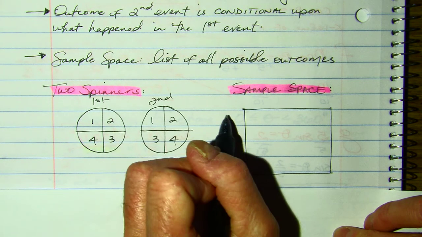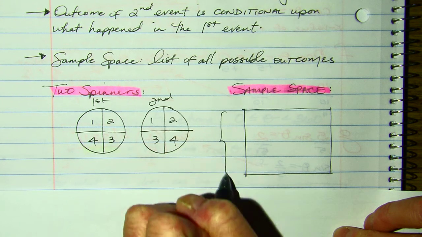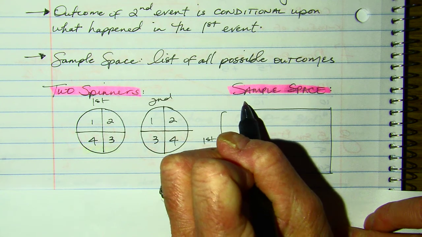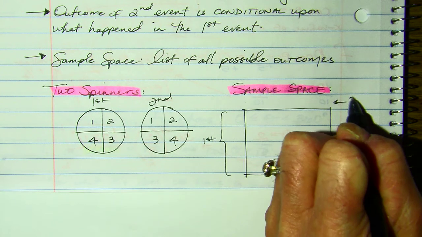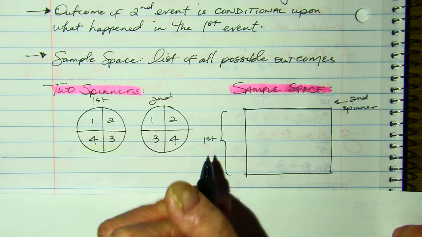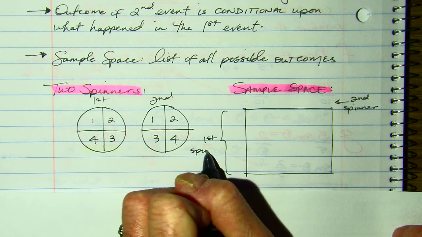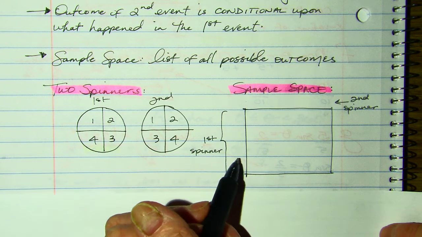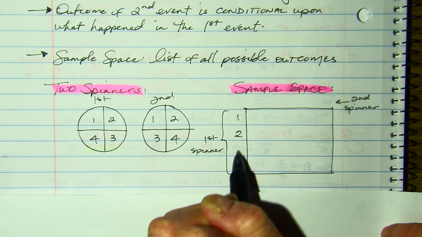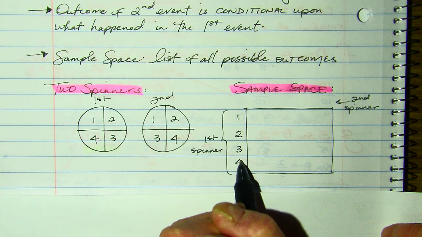Let's say on this side I have my first spinner, and up here will be my second spinner. Let's list the possibilities on the first spinner. Well, I can spin a 1, a 2, a 3, or a 4.